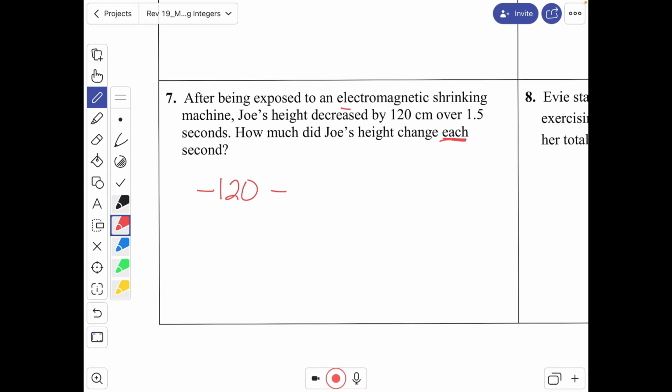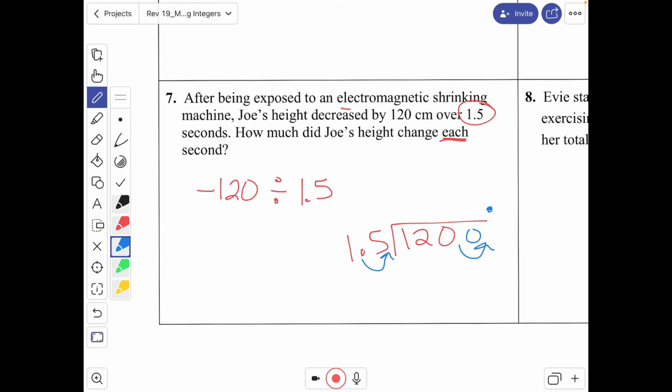And again, look, there's each in the question. That's key that we're going to be dividing. So we're dividing by 1.5. And 120 divided by 1.5. Remember, you have to move the decimal over. So we move it over here. Means we're going to need a 0.